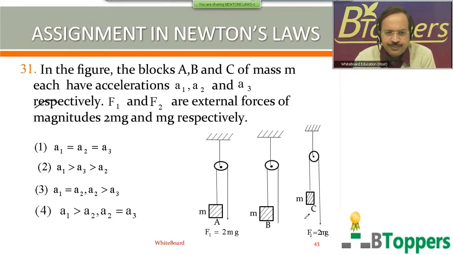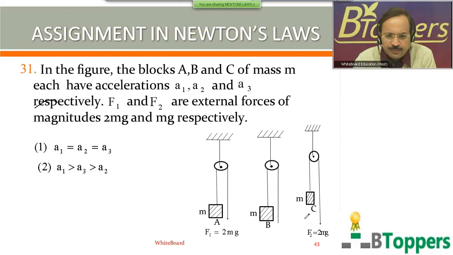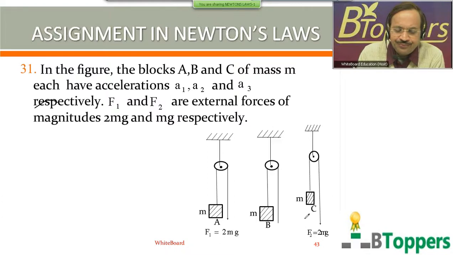You have to compare the accelerations of the blocks A, B, C in the three cases. So in the first figure, a pulling force of magnitude F1 is applied at the right end of the string.